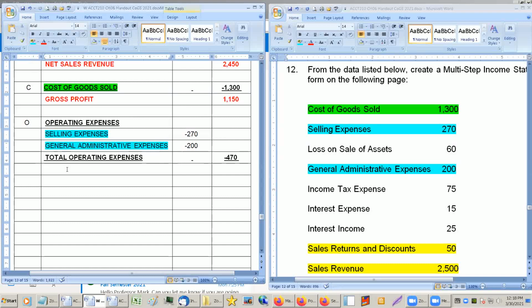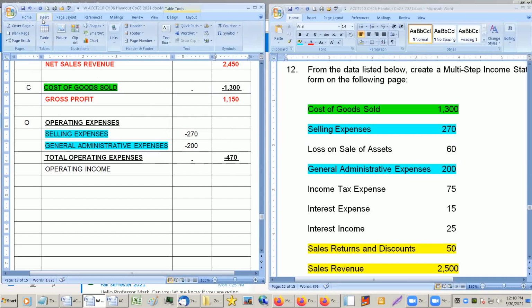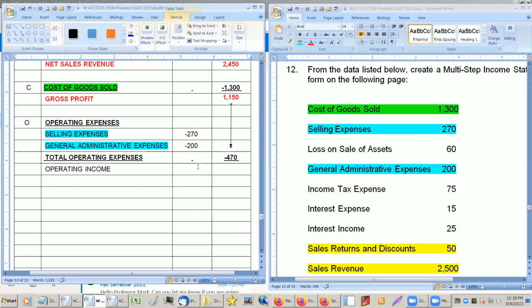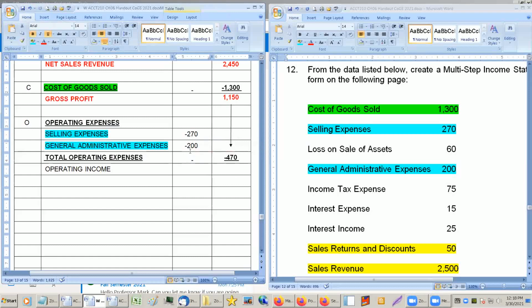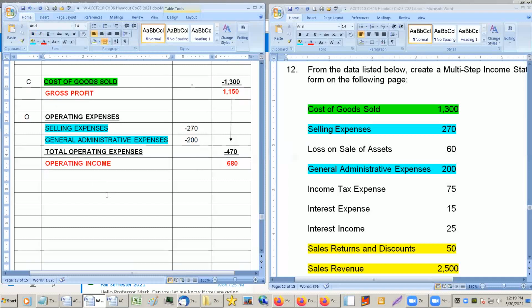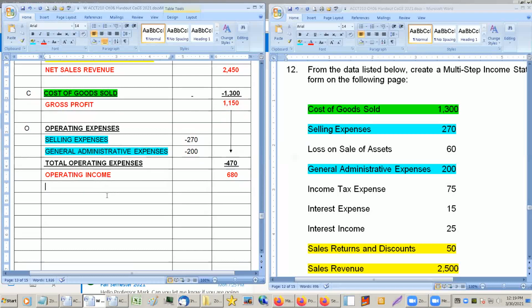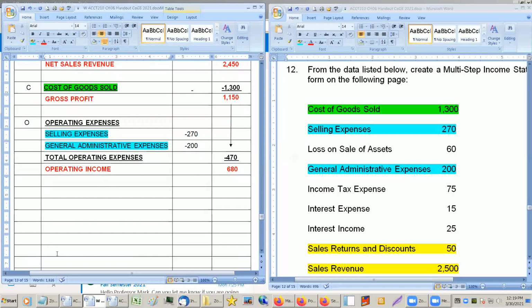Color coordinating is somewhat difficult. So it'll be $1,050 minus 470, 680.